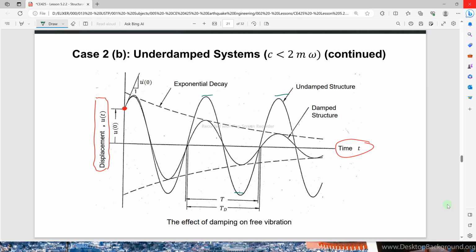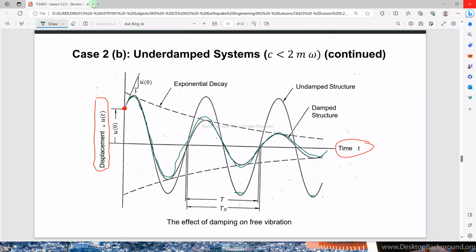So for the undamped free vibration, the oscillation amplitude stays equal. And we know that that is not realistic. And then for the underdamped structure, you can see a significant difference in its amplitude.